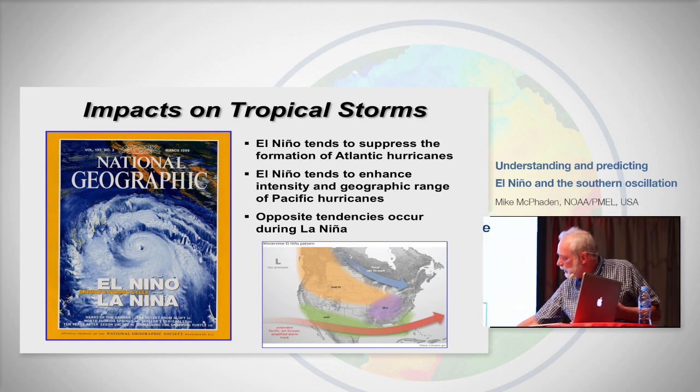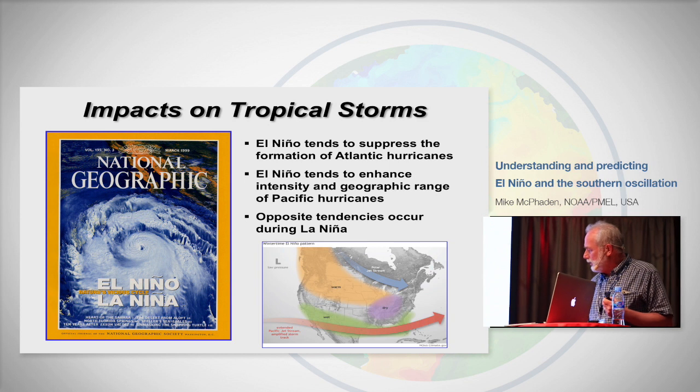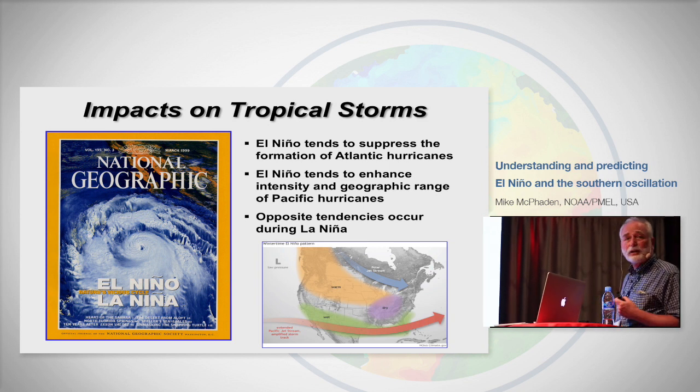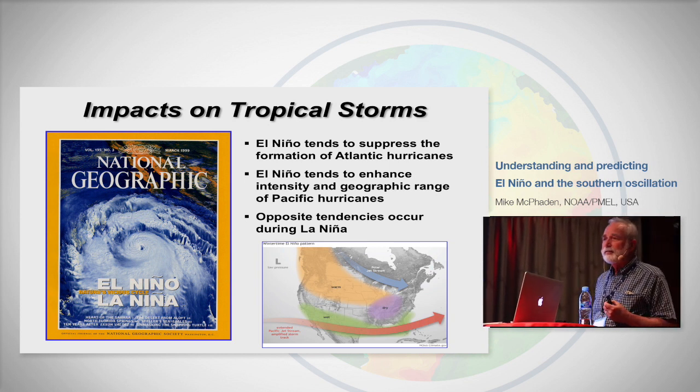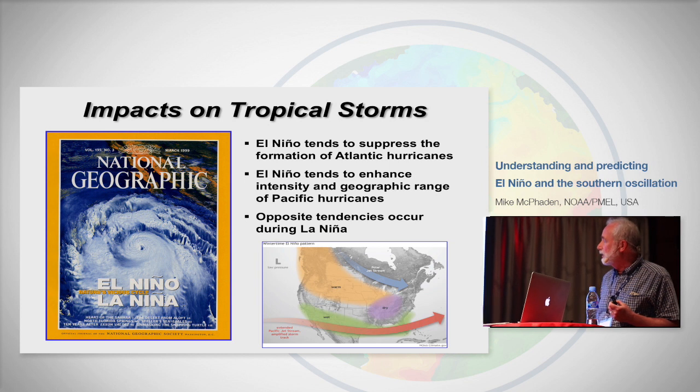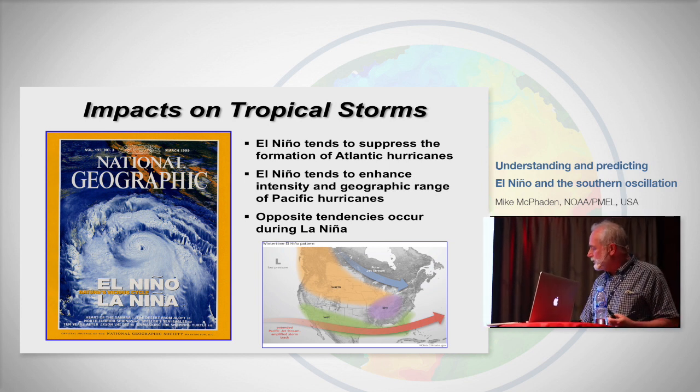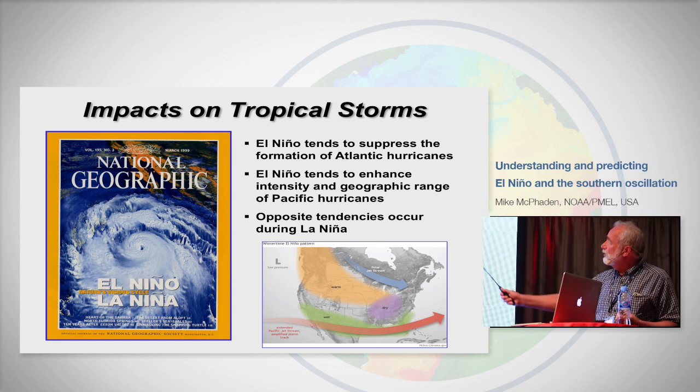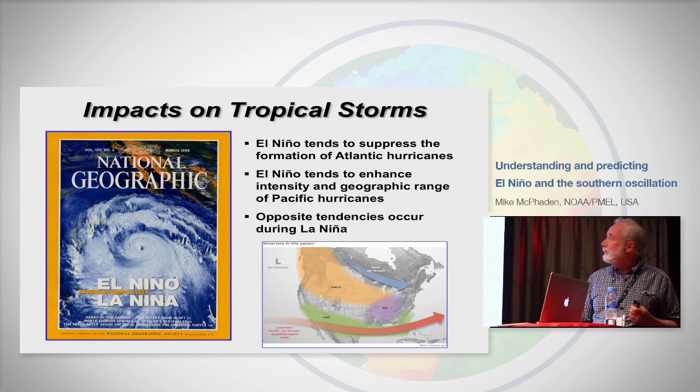And the reason is, again, this southward shift of the jet stream. When it exits over the tropical Atlantic, it affects the high-level wind shear in the main development region for tropical storms. In the Atlantic, storms don't like shear. And so the fact that we've shifted the jet stream south, you tend to suppress Atlantic hurricane formation.